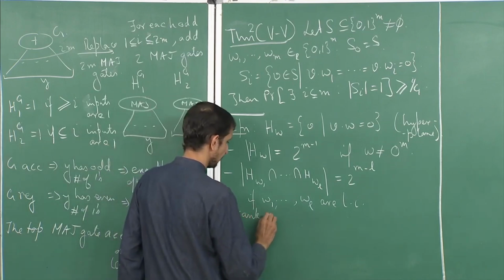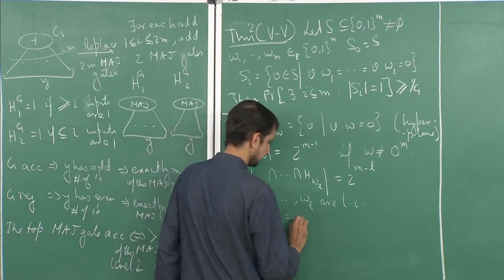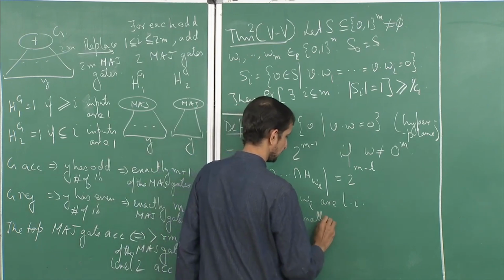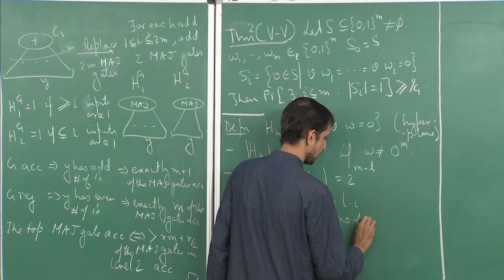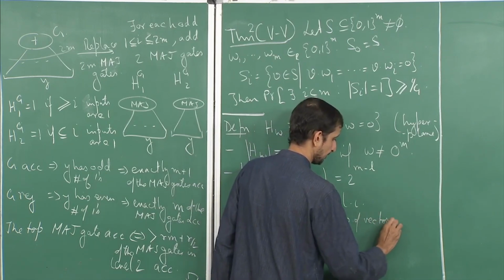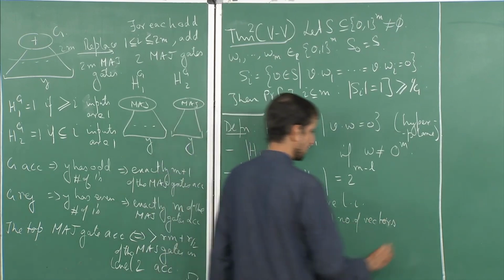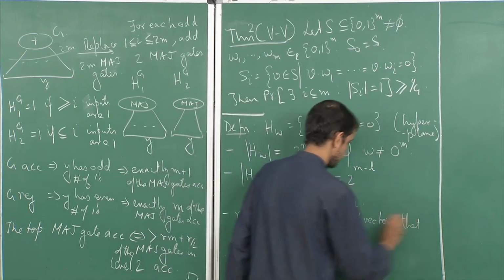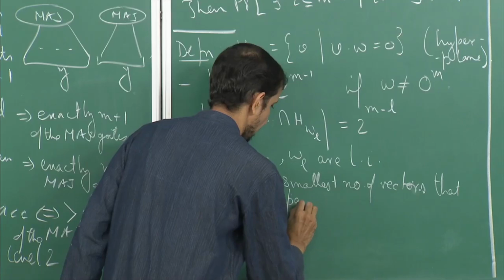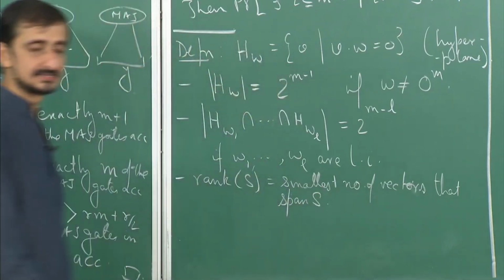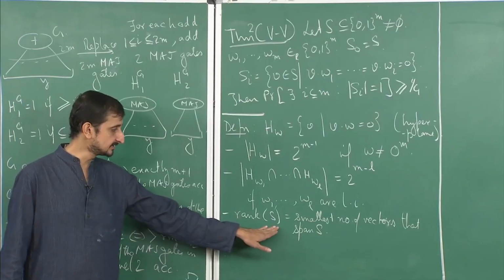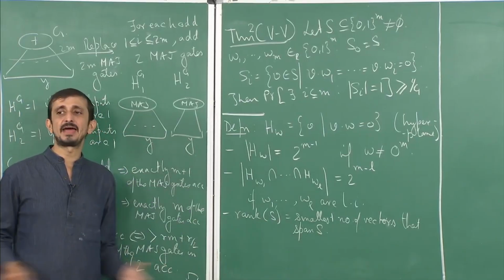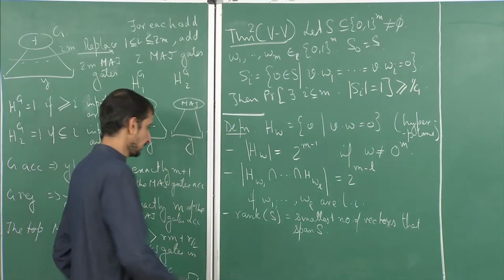The rank of S is the smallest number of vectors that span S. So, what is the smallest number of vectors inside S that would span the entire set? That is called the rank of S.